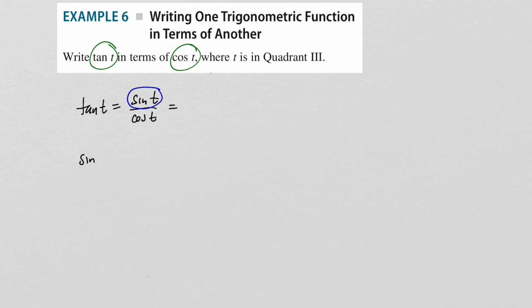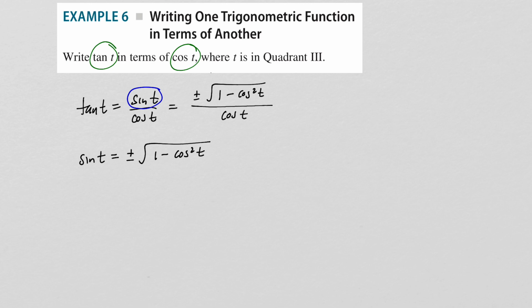In the previous example, we talked about how sine of t is equal to plus or minus the square root of 1 minus cosine squared of t. So I can replace sine of t here with this, and that's going to give us plus or minus the square root of 1 minus cosine squared of t, divided by cosine of t.